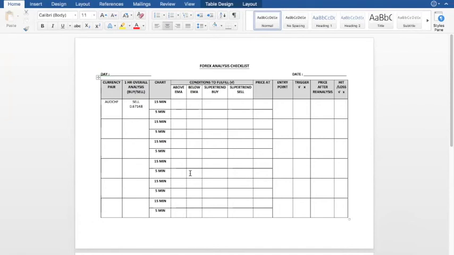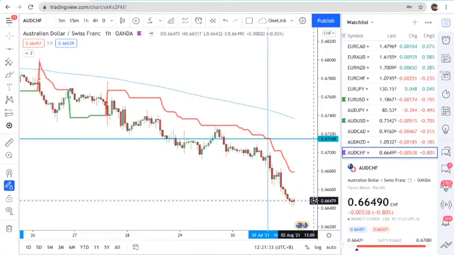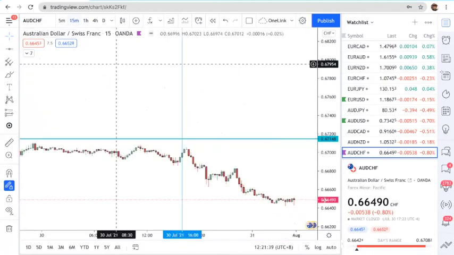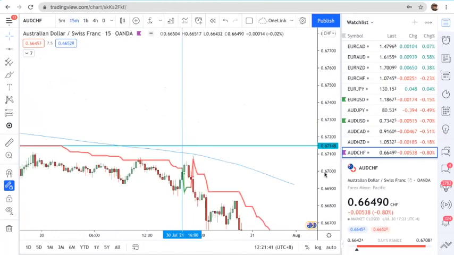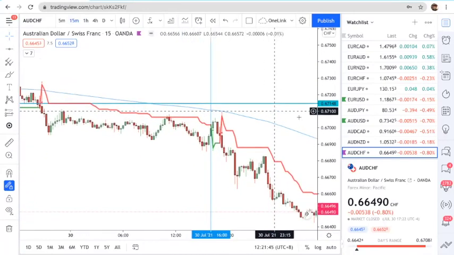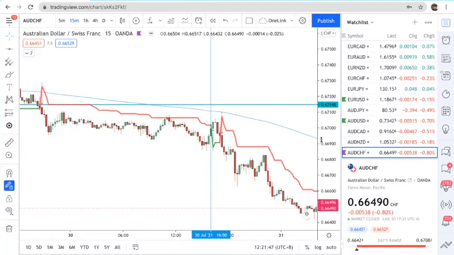Okay, so now we go to 15 minutes. On the 15 minute, I see the candlestick trying to form, isn't it?